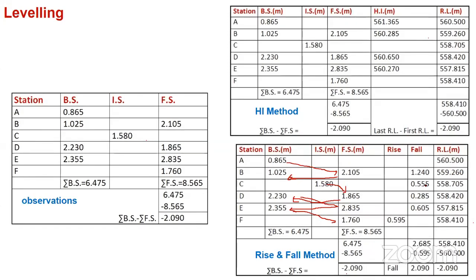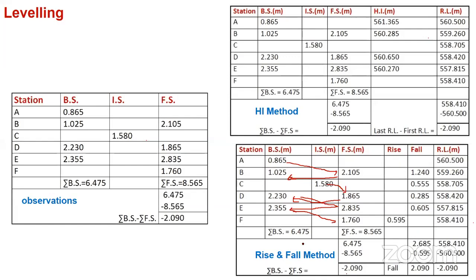From the new RL, you subtract 0.555 like this. 558.705, like this. 558.285, you get this one. 558.42 minus 0.605, you get the next elevation. 557.815 plus 0.595.